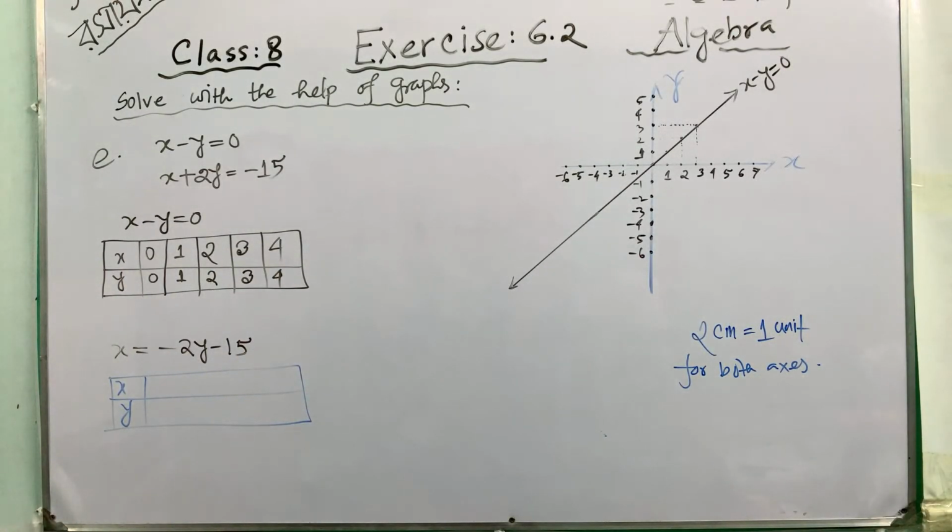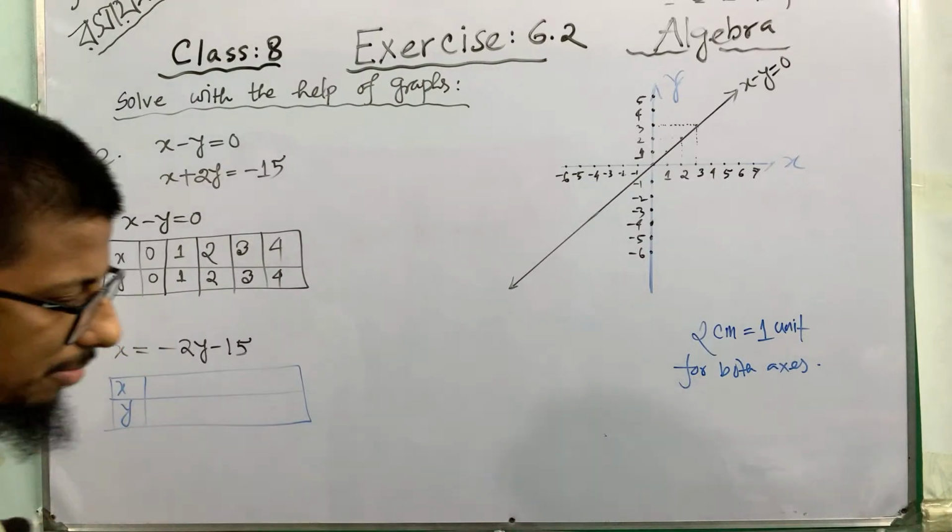Oh, okay. So maybe I will choose negative values. That would make things easier for me. I would choose negative values of x. Oh, okay. I think I should have written it in terms of y, not in terms of x.